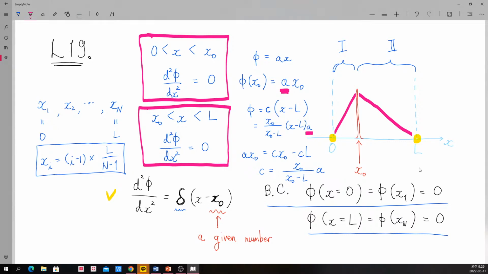Then after dividing the system into two pieces in this one-dimensional approach, we can solve inside each region and try to apply the continuity of the solution.